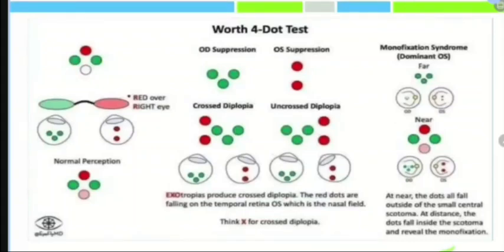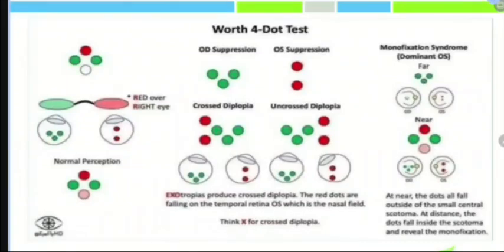In case it is not crossed, meaning the red image is straight on your right side and the green image is straight on your left side, it means uncrossed diplopia, where the patient is able to see two images but uncrossed, and this uncrossed diplopia is always seen in esodeviation. To put it simply, if you think about X, that is exotropia or exodeviation, always remember it will be crossed diplopia.